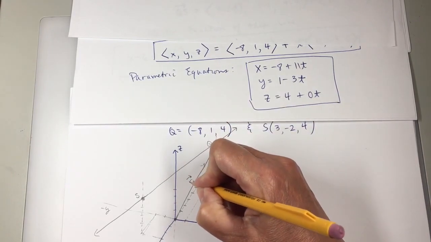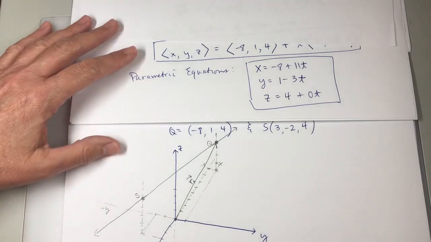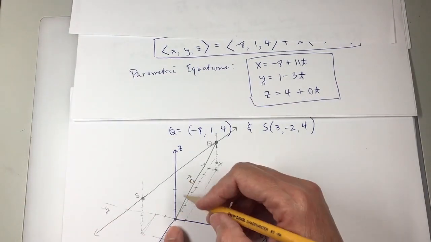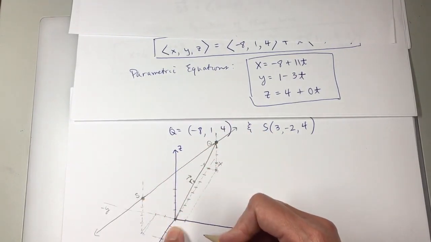Vector R sub 0. Now, as t takes on different values, you end up with position vectors that hit different points on this line.